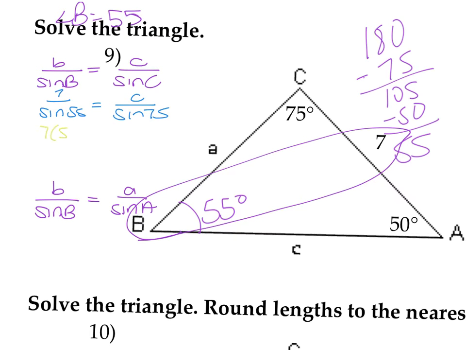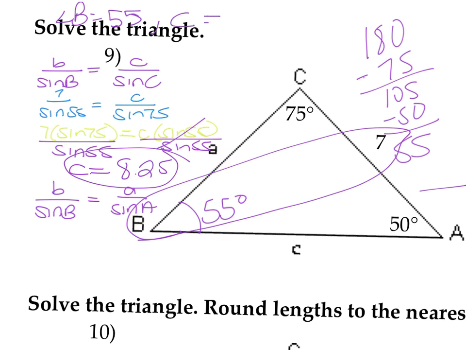Cross multiply and divide. And I'm going to keep this rounded to 2 decimal places. So side c would be 8.25.